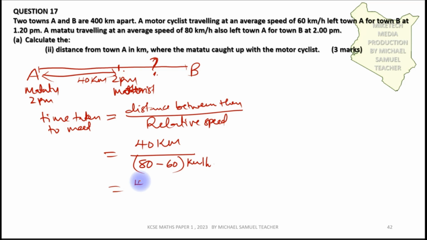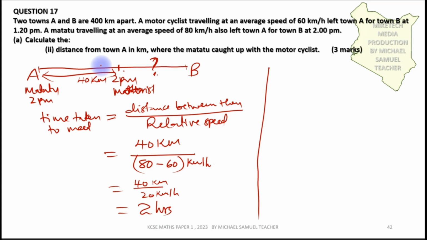We end up getting 40 kilometers divided by 20 kilometers per hour. So this will be 2 hours. From 2 p.m. they will meet after 2 hours.